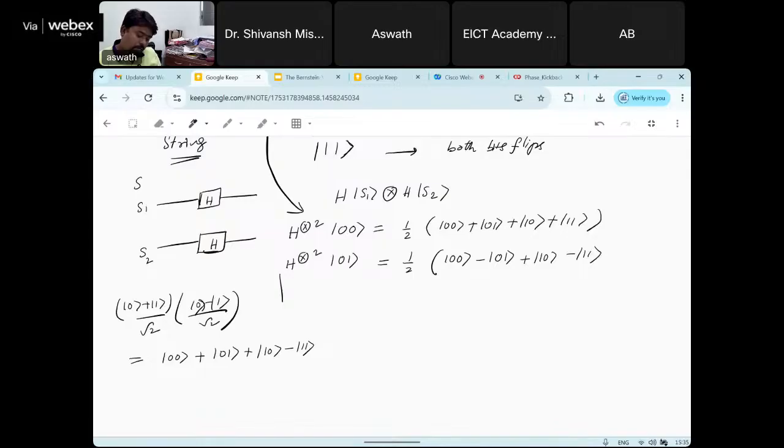Am I right or wrong? Wait a minute. This is a minus sign, that's a mistake. Correct. So that is what we got.